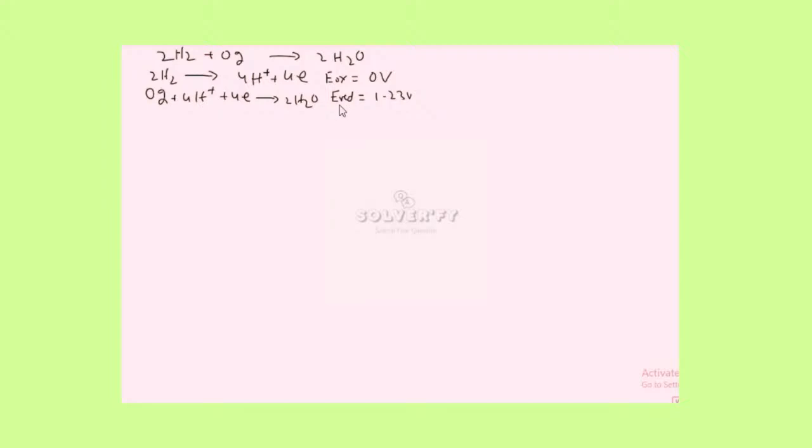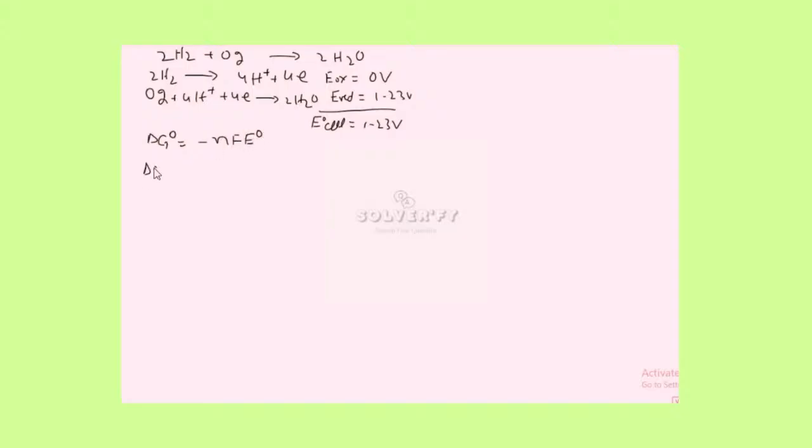Now the E naught of the cell is equal to 1.23 volt, which is the sum of E oxidation and E reduction. To calculate the delta G naught for this cell, the equation is minus nFE naught.